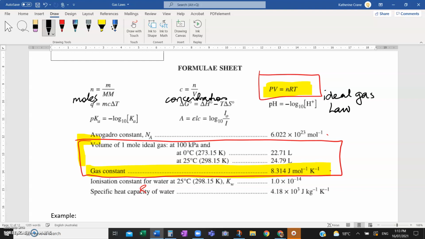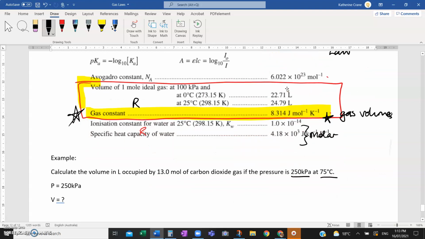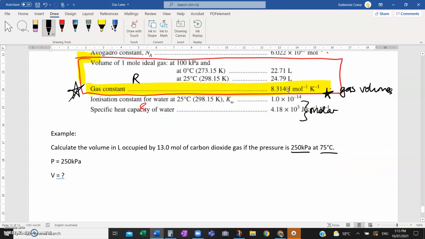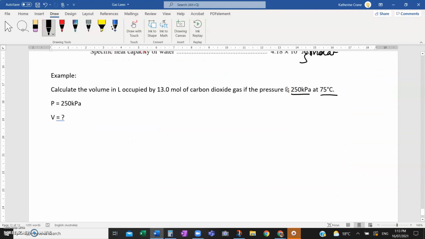Underneath those, you've got your Avogadro's constant, your molar gas volumes, and your gas constant here. The value is R. All right, so let's use this in an example.